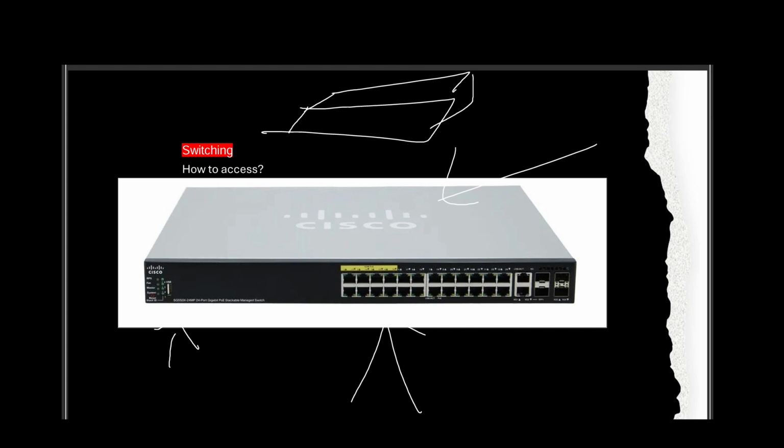Basically, a switch is a network device with multiple ports. The main reason we have to study this is that in every company there's a switch somewhere, connected to your computers with cabling.